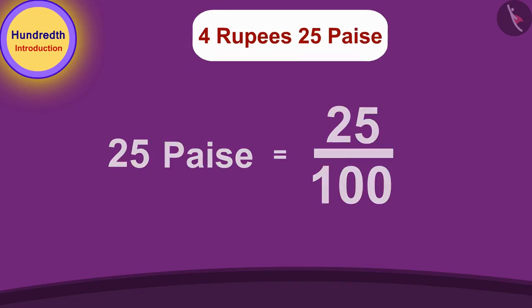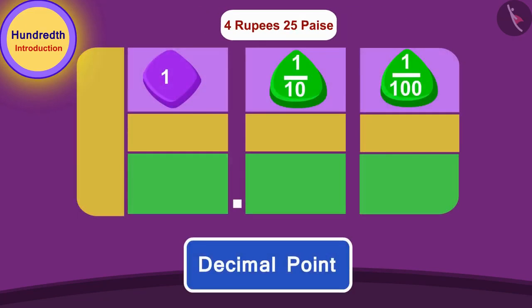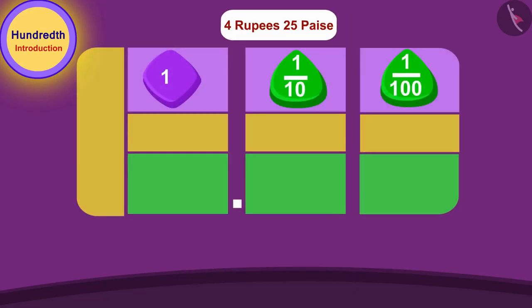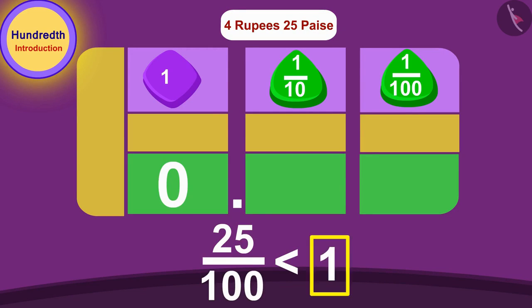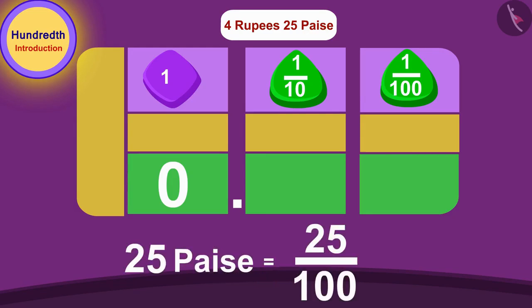So we will first draw a decimal point, then write 0 before it because 25/100th is less than 1 whole. Now, since 25 paise is 25/100th of a rupee, we will write the number 25 in front of the decimal point.